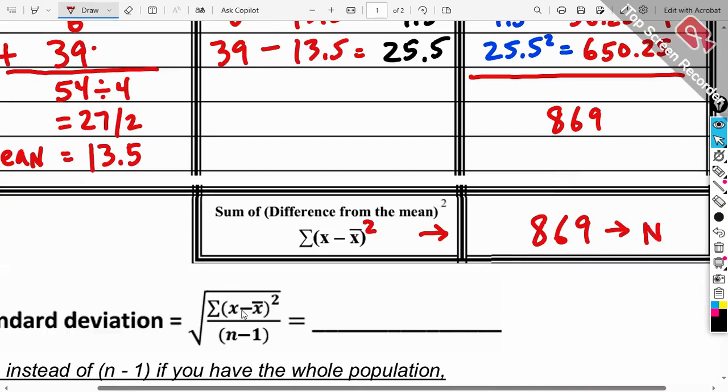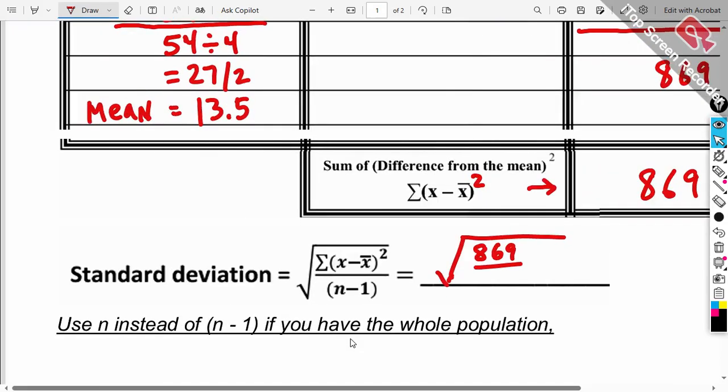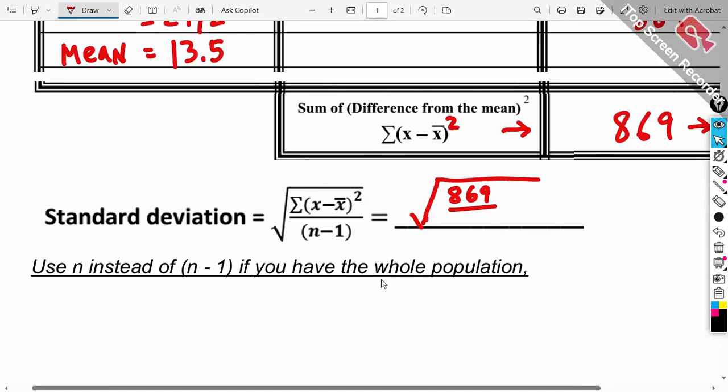All right, right here, the sum of the squares. So this is going to be the square root. And in the numerator, we just found that, 869. And in the denominator, we said if you have the whole population, you're going to use n instead of n minus 1.